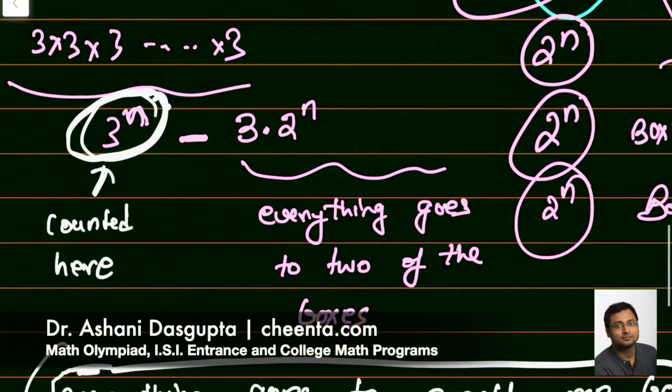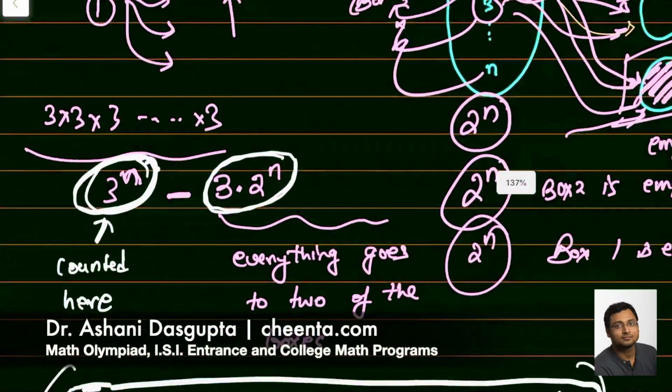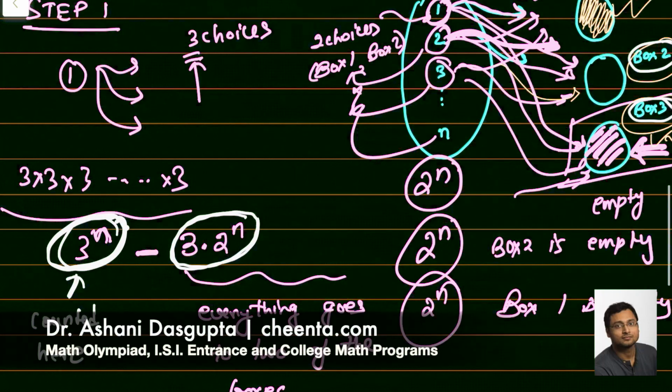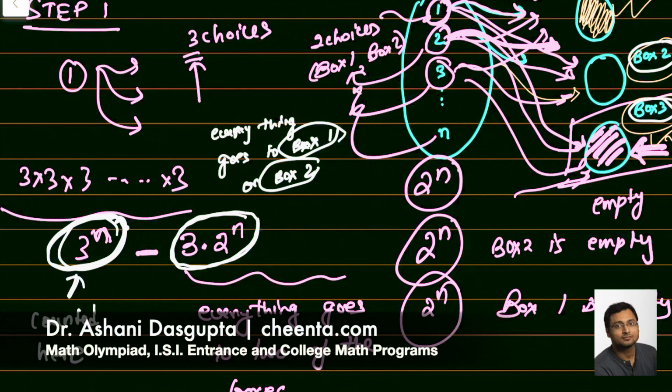Now we double deleted it here. Why is that? Well, when we took the case where everything goes to box 1 or box 2, when we counted this case, one of those cases was everything goes to box 1 and one of those cases was everything goes to box 2.